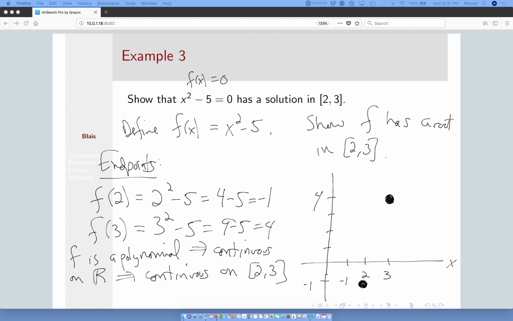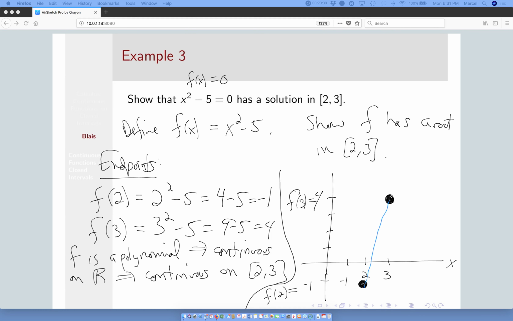Well, intermediate value theorem says any value between minus 1 and 4, and so remember here, minus 1, that's f of 2, and 4 is f of 3, any value between these two, f of 2 and f of 3, has to be attained somewhere in 2, 3. We have to draw this function, whatever it looks like, by connecting the dots in a continuous way.